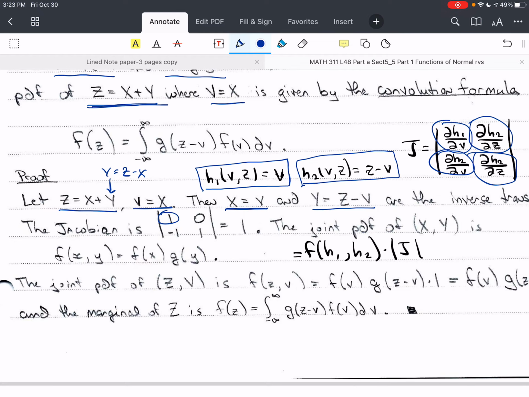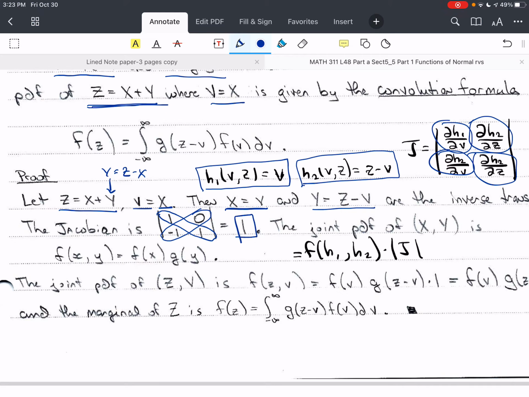And for h2, the partial with respect to v is negative 1, and the partial with respect to z is positive 1. To calculate the determinant, we take the product of the forward and downward diagonal, subtract the other diagonal, and this is for a 2 by 2. So 1 times 1 is 1, minus 0 times negative 1 is 0, so 1 minus 0 is 1. And this is positive, so the absolute value of J is also positive 1.